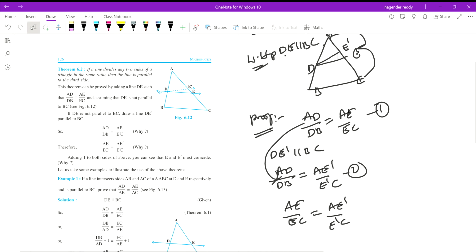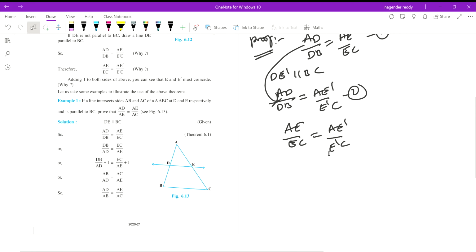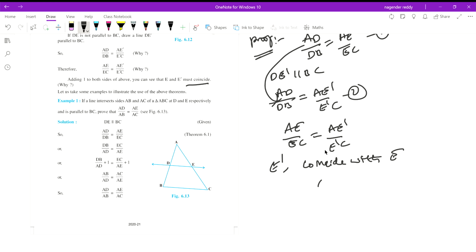That means according to this concept, E dash compulsorily coincides with E. Then I can write E is equal to E dash. Right. So therefore, whatever point you take on the side AC, obviously that compulsorily should coincide with E. Right.